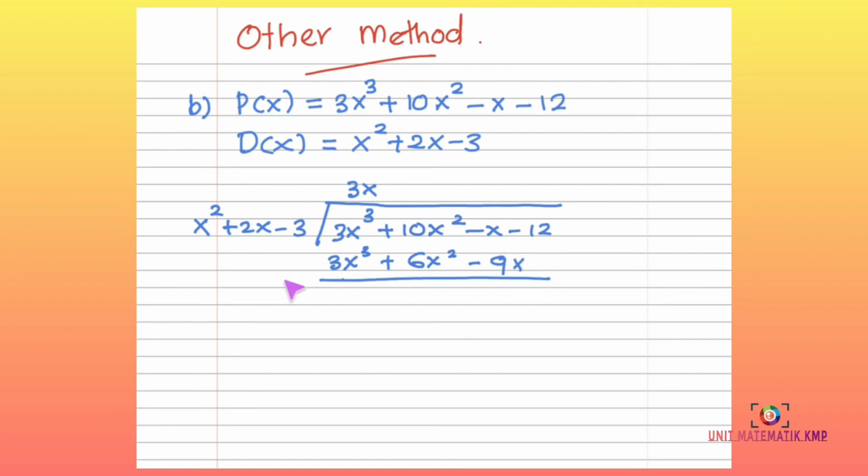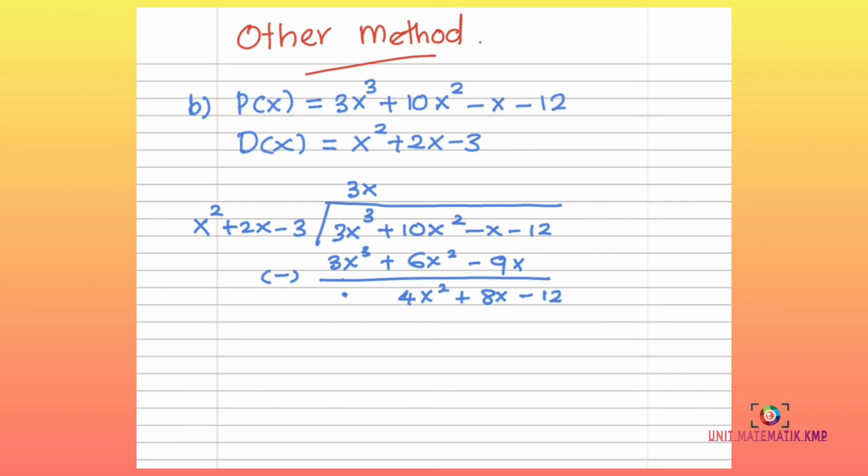Subtract. So we have 0, 10 minus 6 is 4x^2, negative 1 minus 9 is negative 8x, and then bring down negative 12.